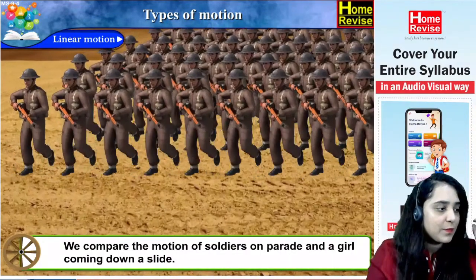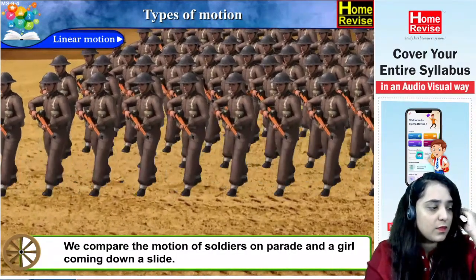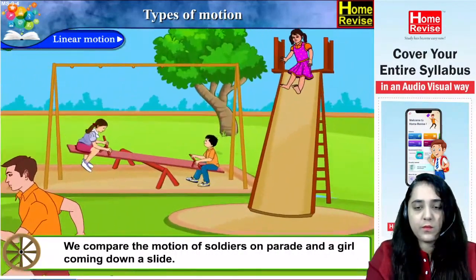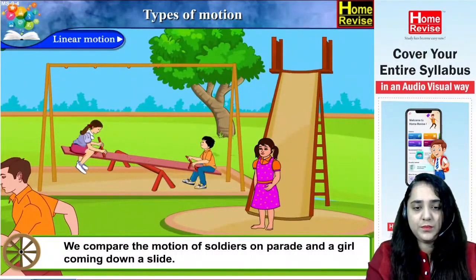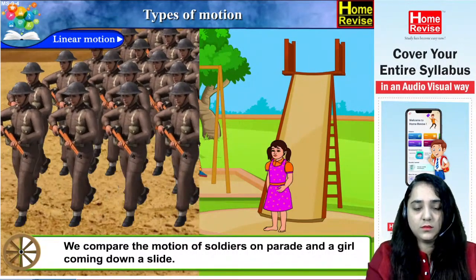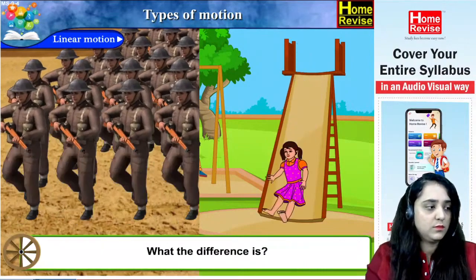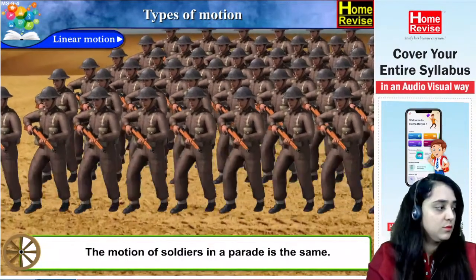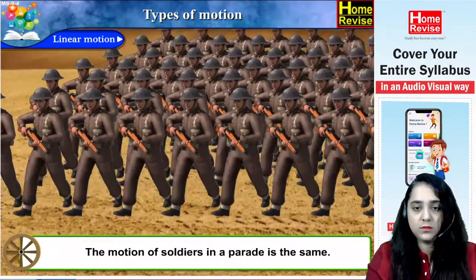Students, now if we compare the motion of soldiers on parade and a girl coming down a slide, you can find one difference in both motions. Let's see what the difference is. The motion of soldiers in a parade is the same. Is it not so?